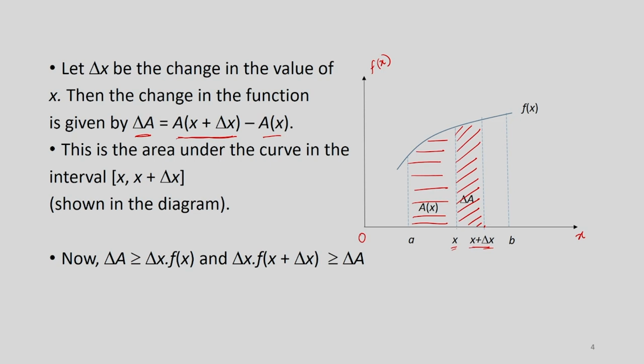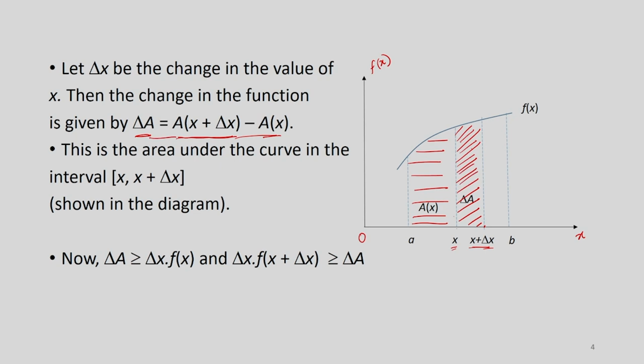Now we want to find out what is this delta A area, that is the increment in the area. So that is delta A, and that is given by this expression, capital A of x plus delta x minus capital A of x. That is simple. You are taking the whole and then subtracting the left hand side shaded region, and then you are going to get this slanted shaded region, which is delta A.